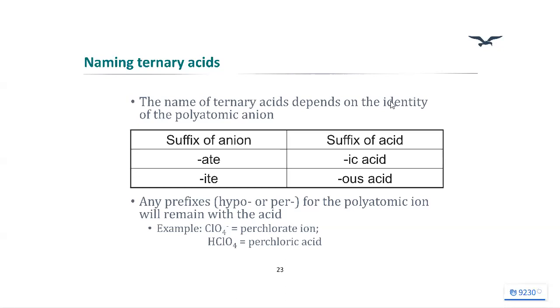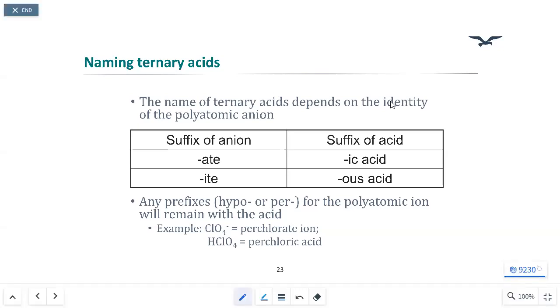For the ternary acids, where we have a polyatomic oxygenated ion, it's a matter of changing the ending. So whatever the ion is, we are going to change the ending of that ion's name to one of the two on the board. And it all depends on what that substance is.